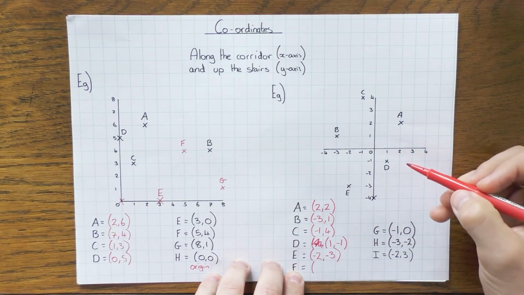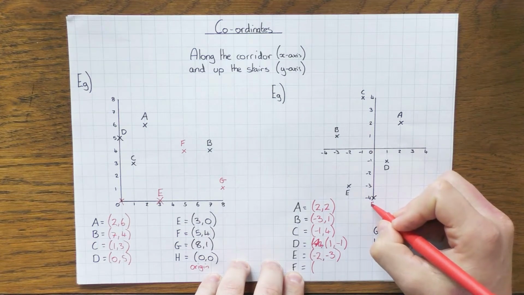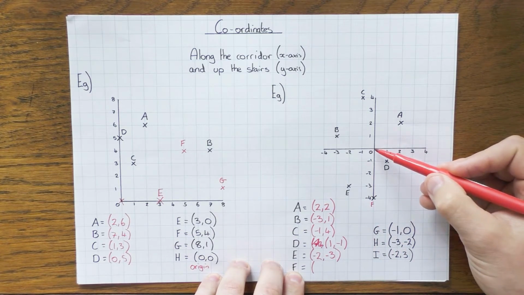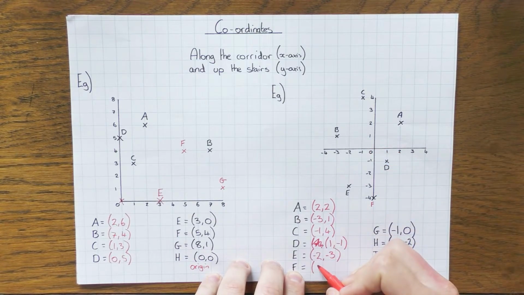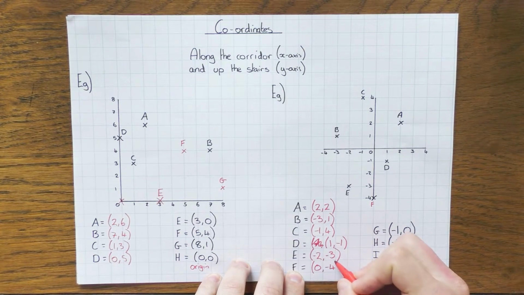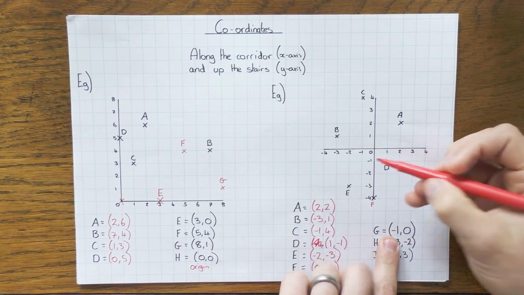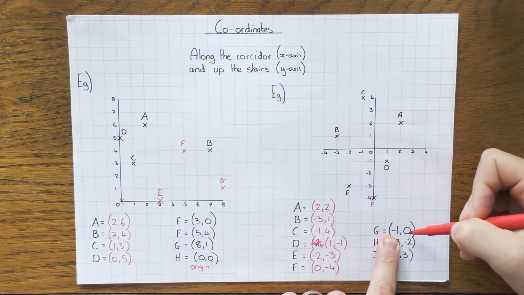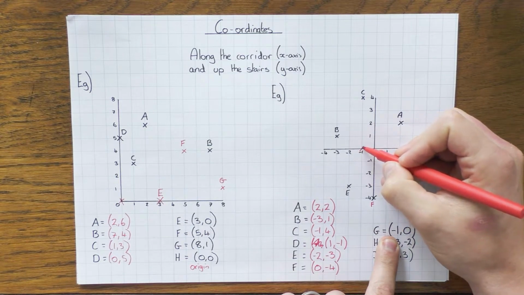And the final one is F, which I'm assuming is this one here, which I haven't actually labelled F. Again, I don't go anywhere along the corridor, so that just stays as 0, but I go down to -4, which is there. And when we're plotting them, no different. Along to -1, it's this bit here, the y coordinate is 0, so I don't go up or down, I literally just go to -1, and then I stay where I am.